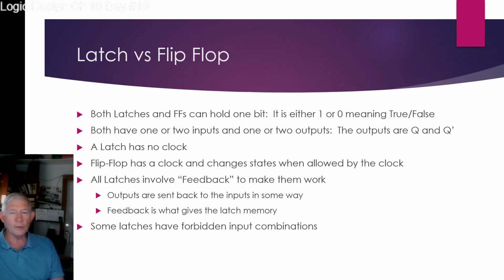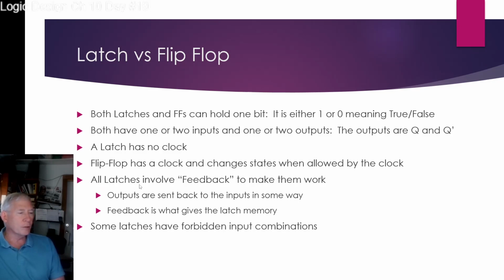In a level clock, as long as the clock is high, then the inputs can change the outputs. In an edge trigger clock, the inputs set up a master stage, and then when the active edge comes, which could be a rising edge or a falling edge, depending on which type of flip-flop it is, then the slave stage, the output part of the flip-flop, then changes to the correct next state.